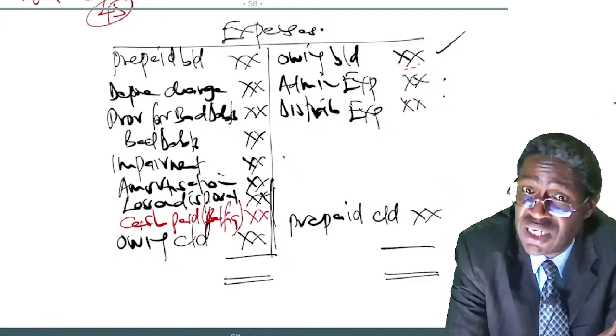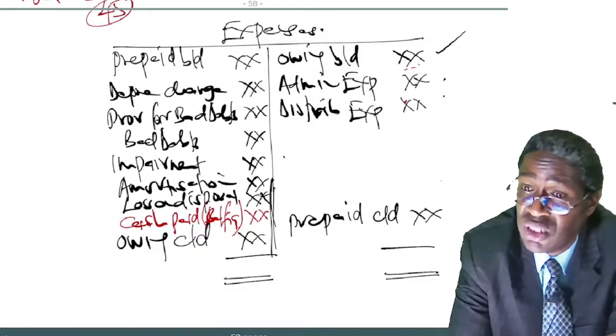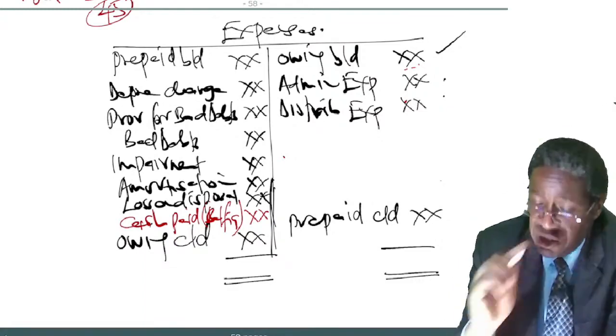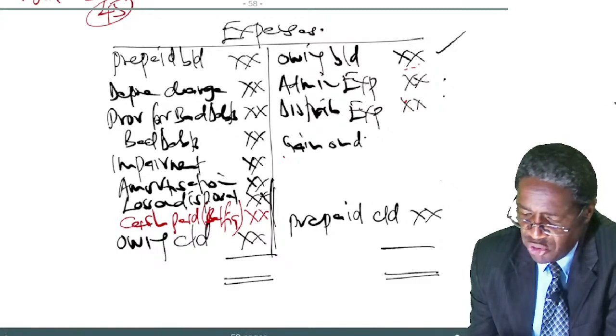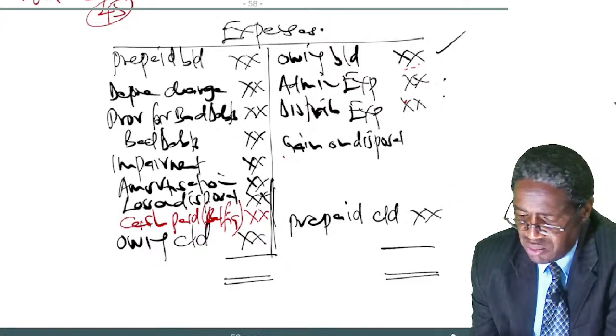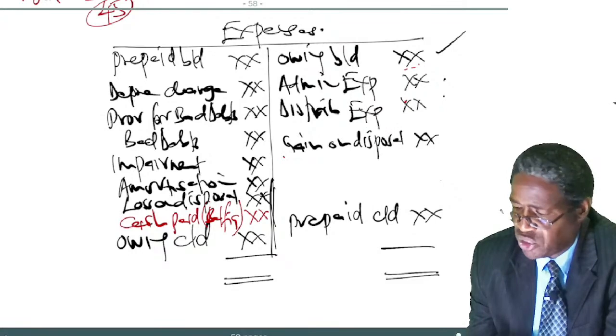Then we have gone further and said, for loss or gain on disposal, specific. That one we shall discuss, but let's just put them in first. We shall put a note for them.